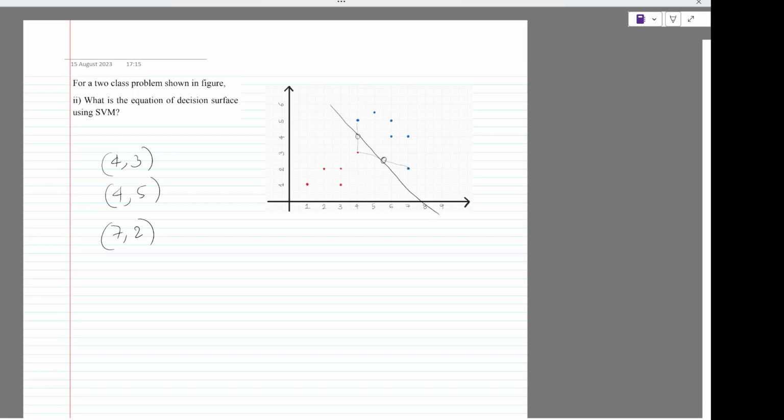So what are these two points? One is 4 comma 4 and the other is 5.5 comma 2.5.